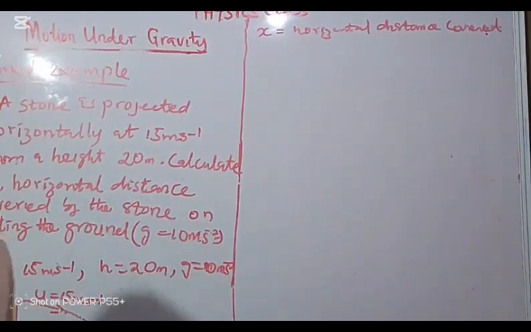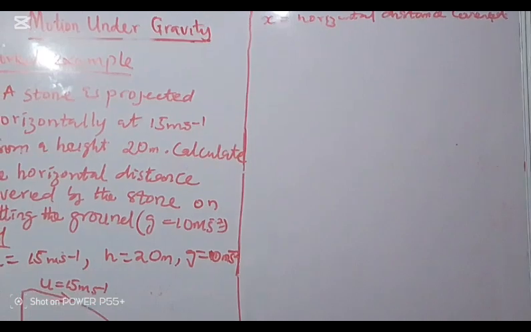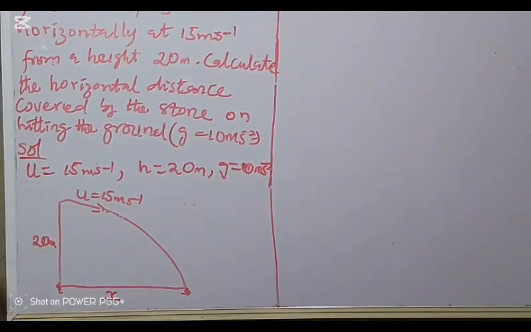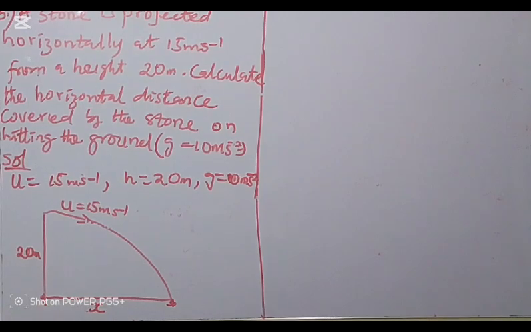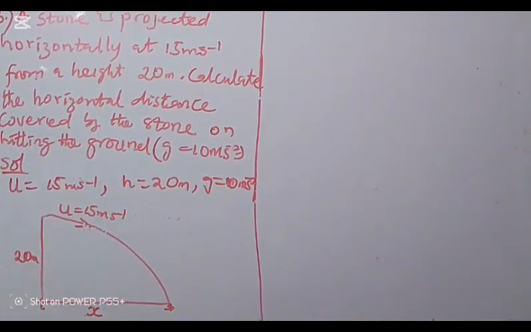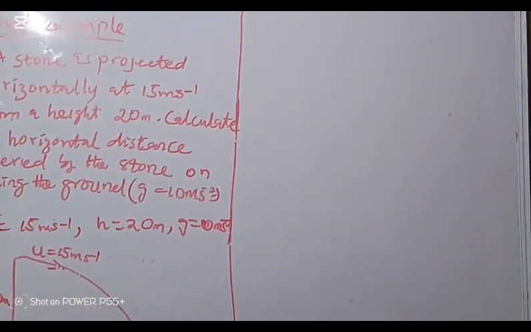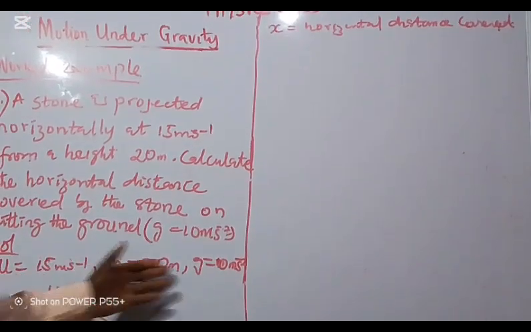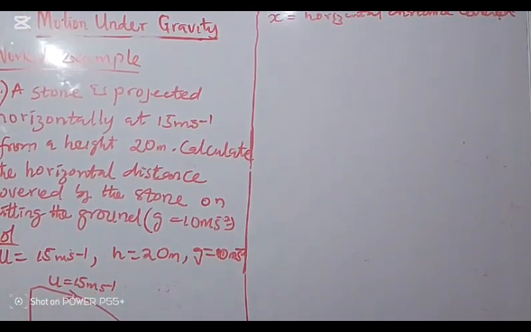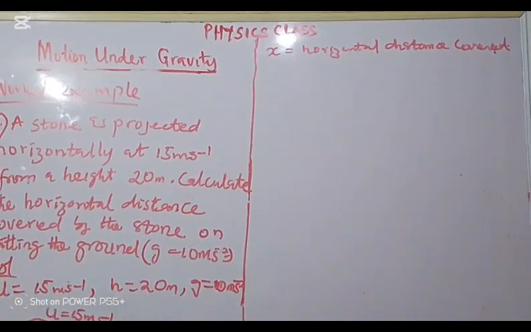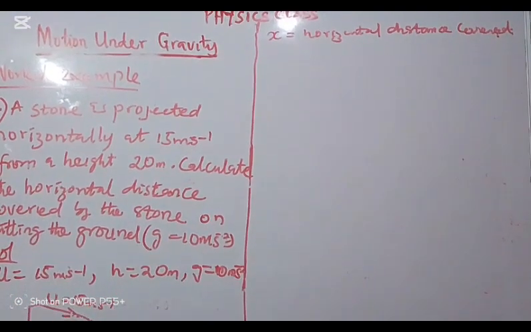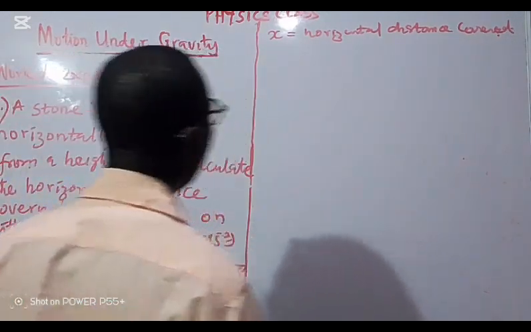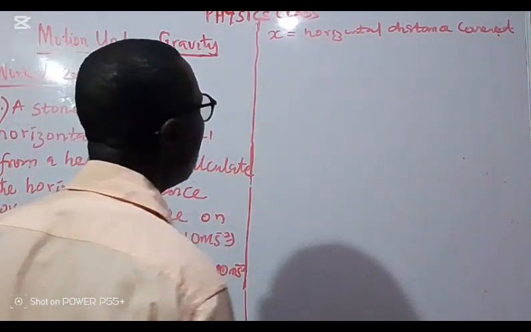If that is the case, this question has joined motion under gravity with linear motion, because it is under linear motion that we talk about horizontal distance. So once this question has joined the two topics together, we need to solve it. But don't forget, in our linear motion, what's the formula for horizontal distance?